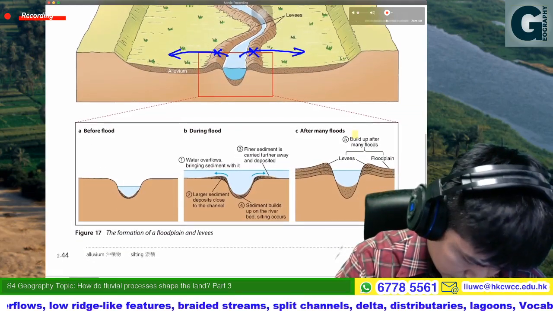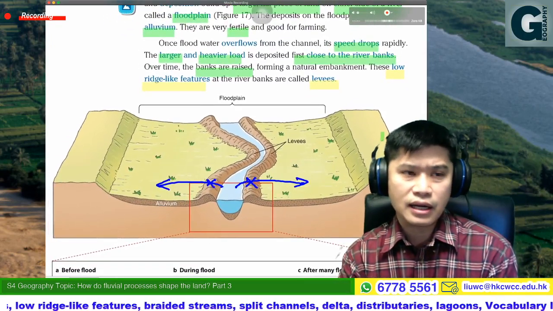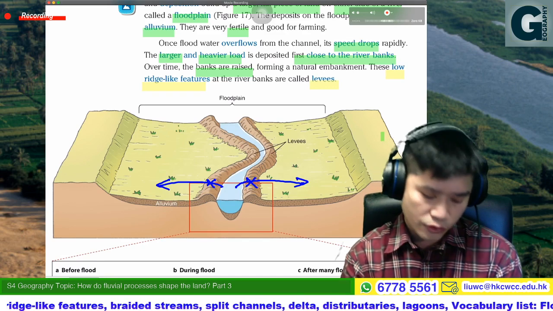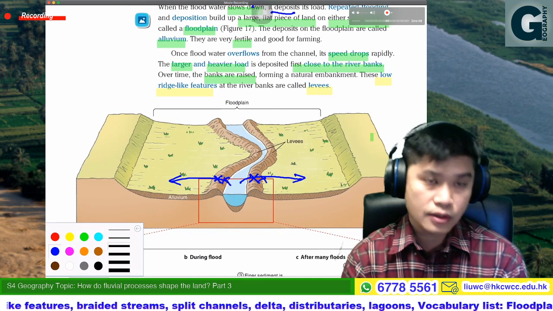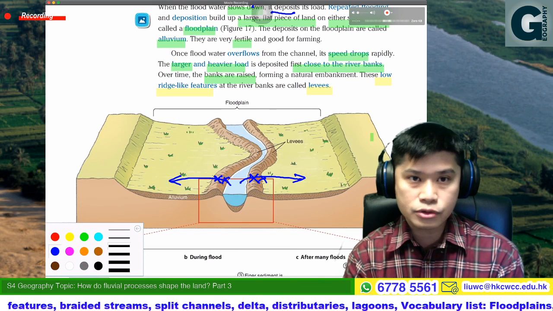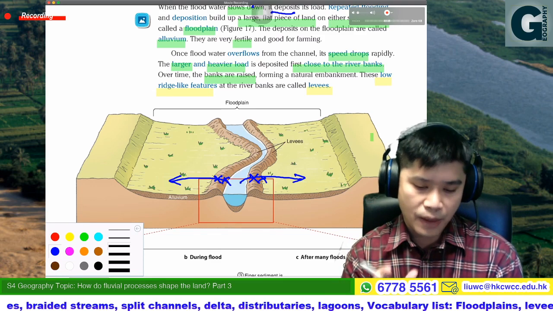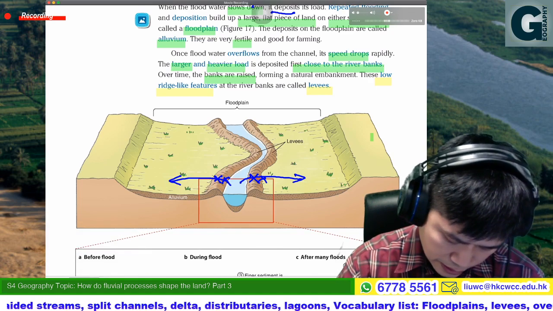No Chinese name, so you may just mention 天然堤, something like this. So it will first deposit at this point and form a natural dike, a natural embankment. That is what we call the levee.